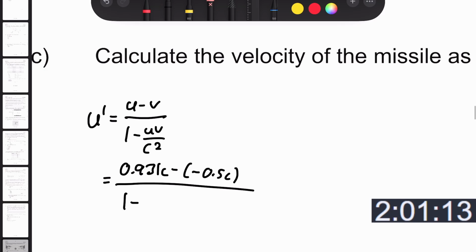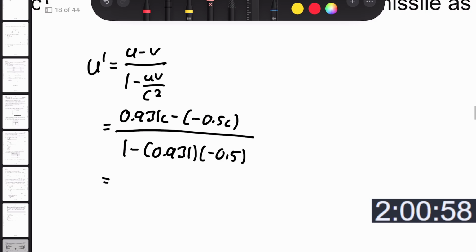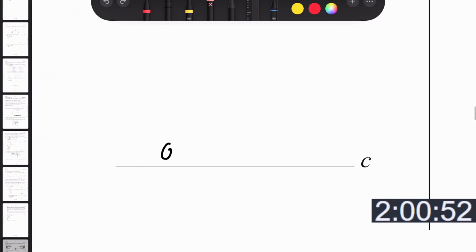So this will be 1 minus 0.931 times negative 0.5. So 0.931 plus 0.5, over 1 plus 0.931 times 0.5, which is 0.974 c. This is quite generous that they're giving 12 marks for all of these questions.